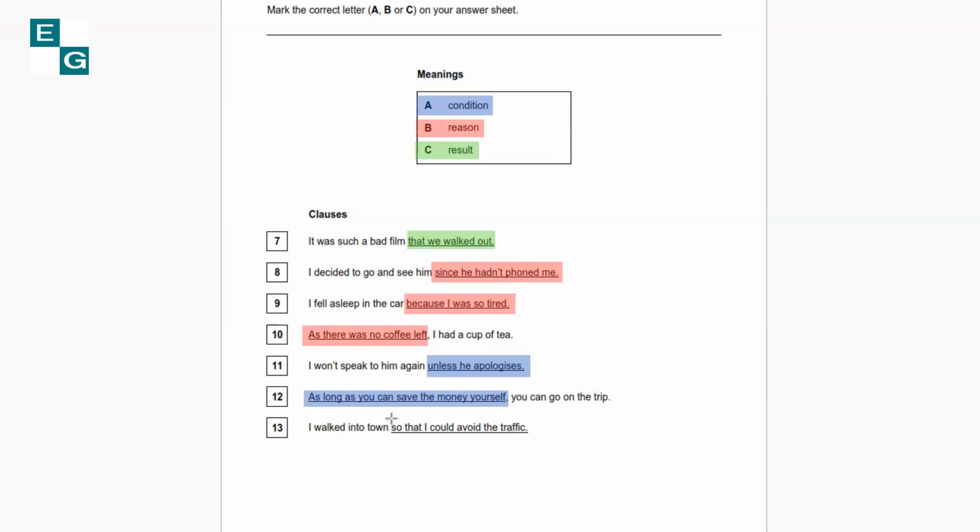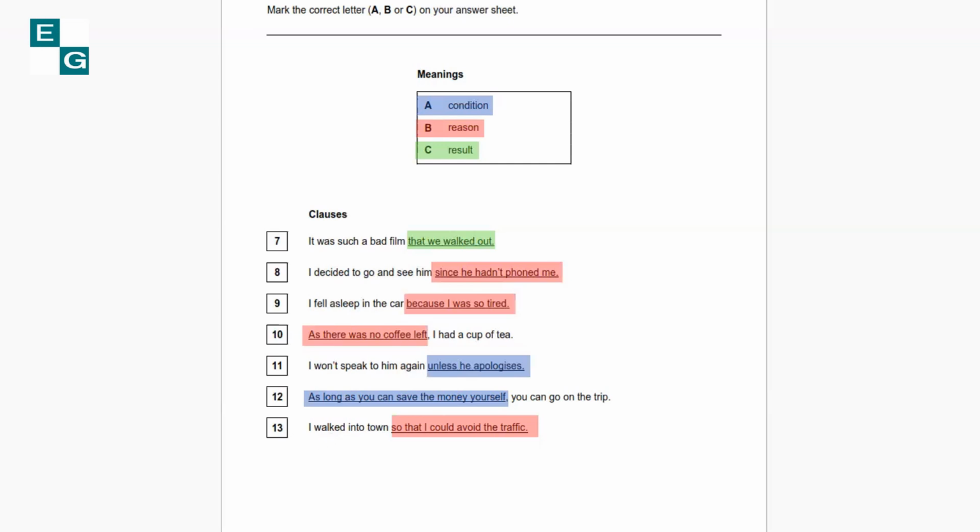So the expression, so that I could avoid the traffic, indicates the reason. The reason I walked to town was to avoid the traffic. This is the way I want you to understand reasons, conditions, and results.